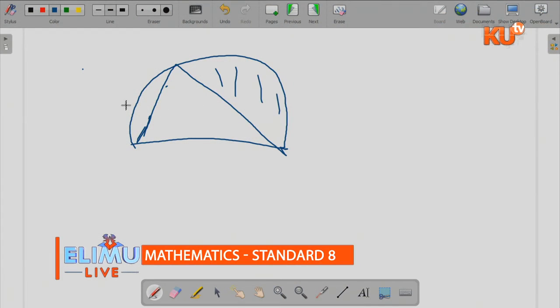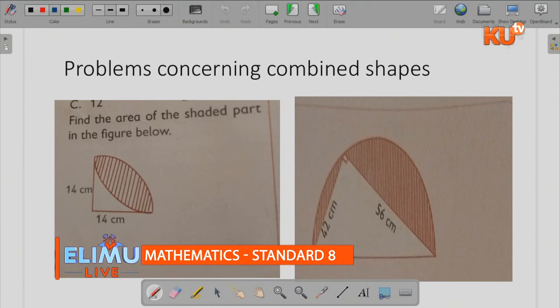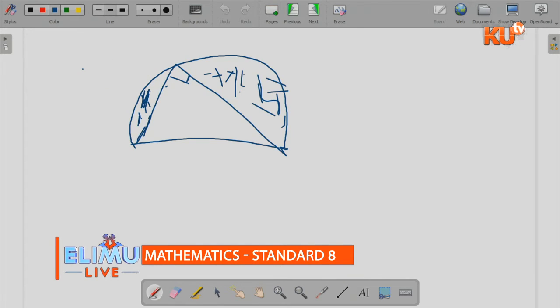This one is shaded, this one is shaded. Always be careful, don't take these ones as semicircles. These are not semicircles, these are segments of a part of a circle. So if they say this is 90, and if they say that one is 90 there, and this side is 42 and 56, 42 and 56, so we are going to use Pythagorean theorem.